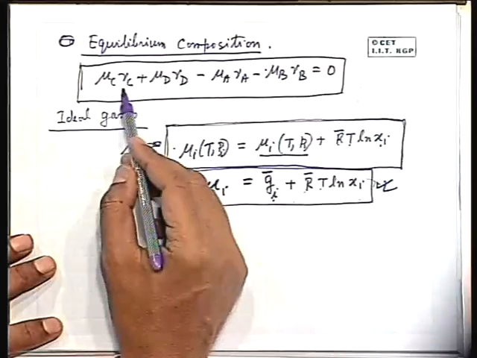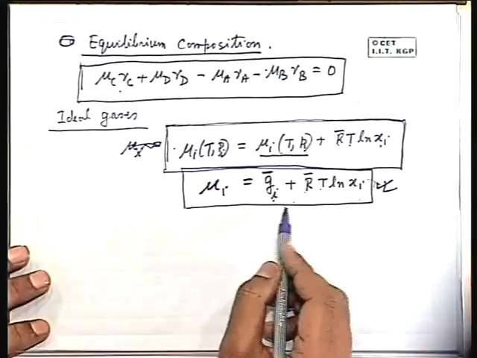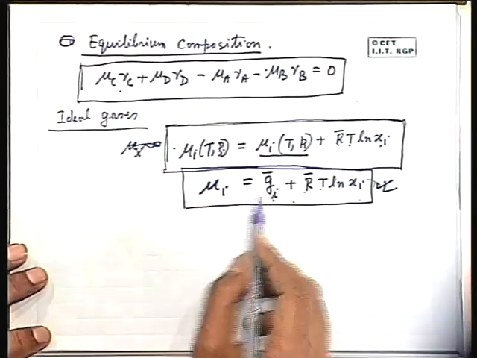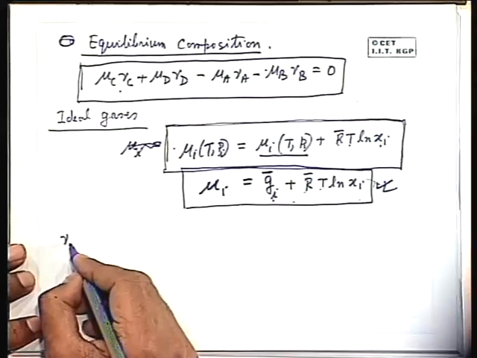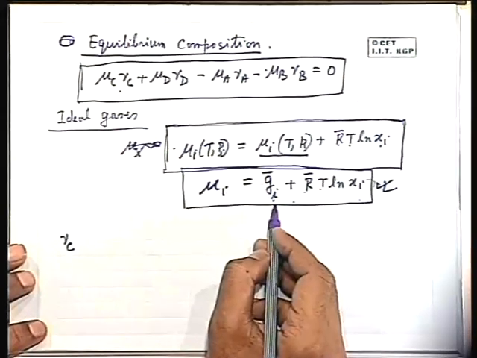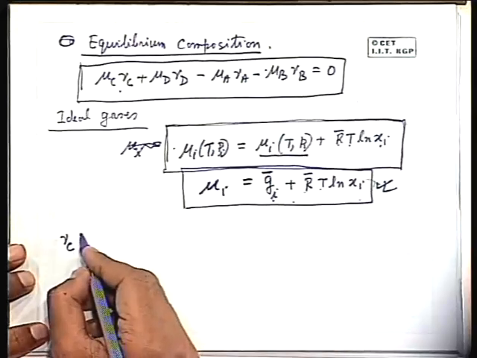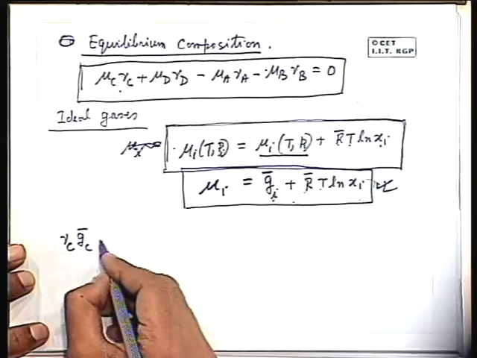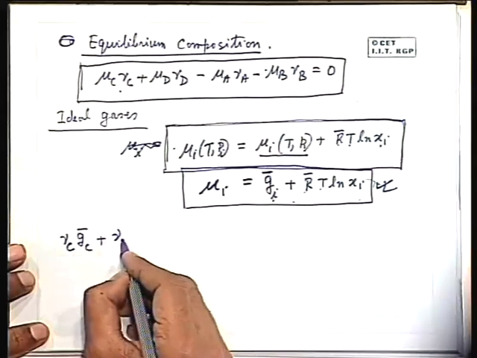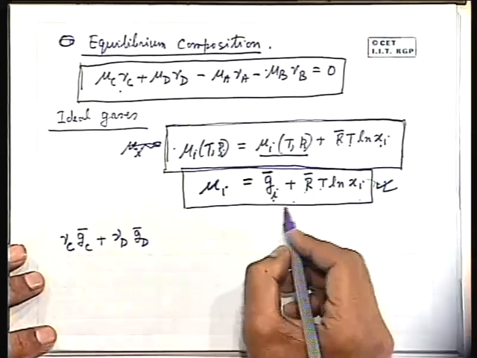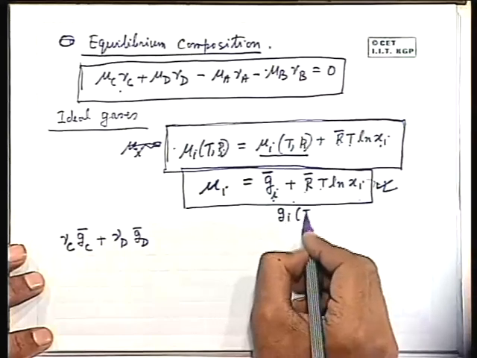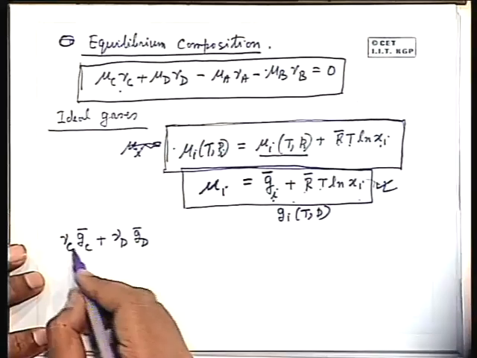So if you accept this equation, then if you put this here, you tell me what you get. You get gamma C, G bar C, plus gamma D, G bar D, at the same temperature and pressure of the mixture.